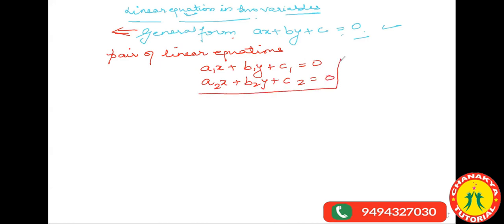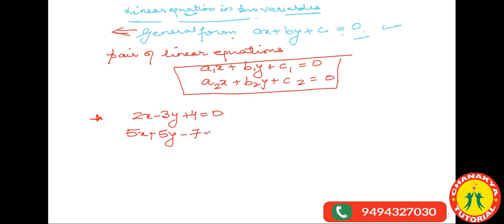So these are the two linear equations in variables x and y. Clear? Suppose I am taking linear equations like 2x minus 3y plus 4 is equal to 0, and 5x plus 5y minus 7 is equal to 0.